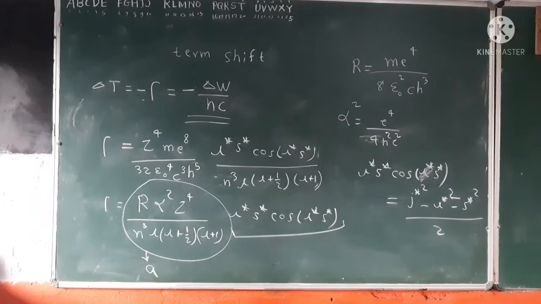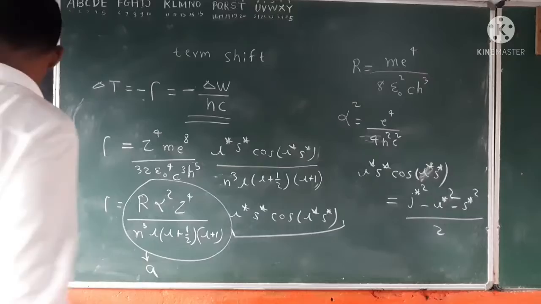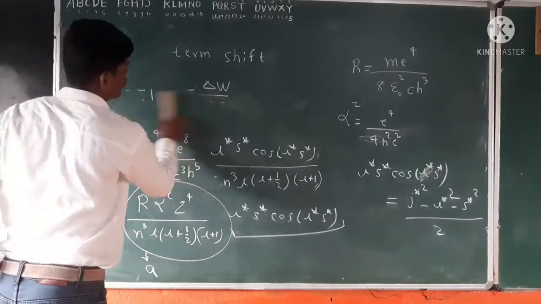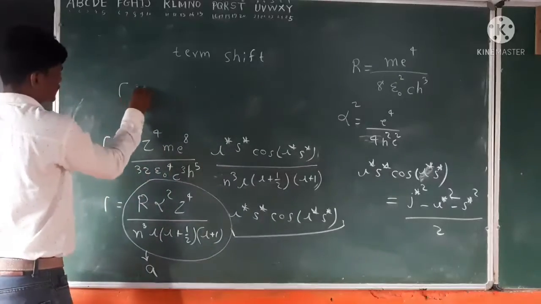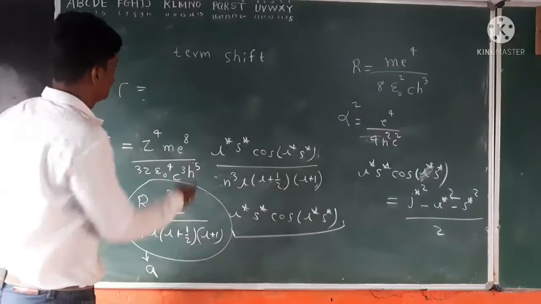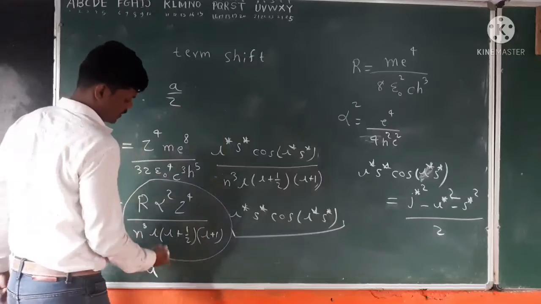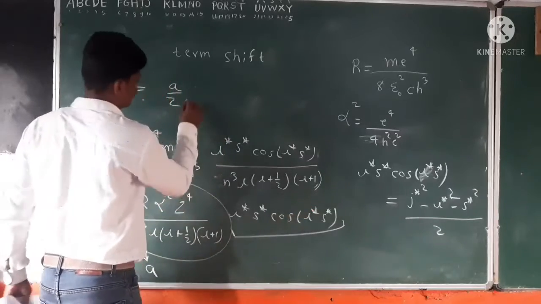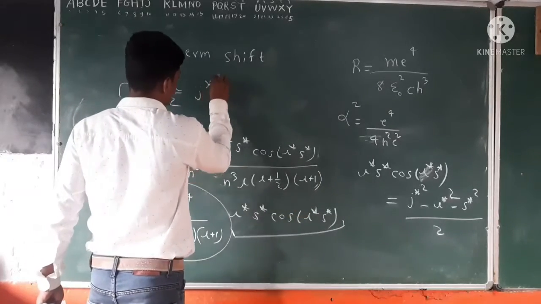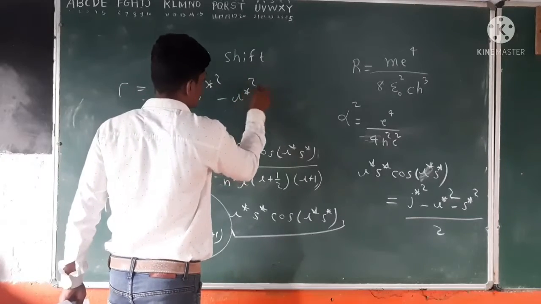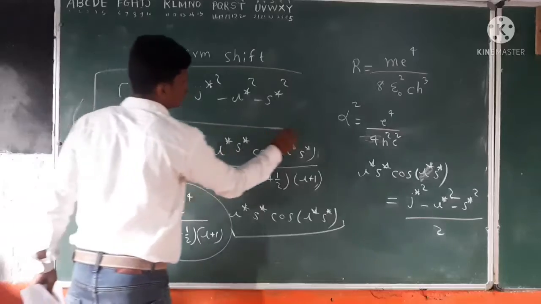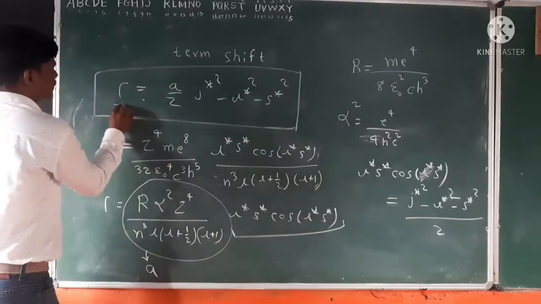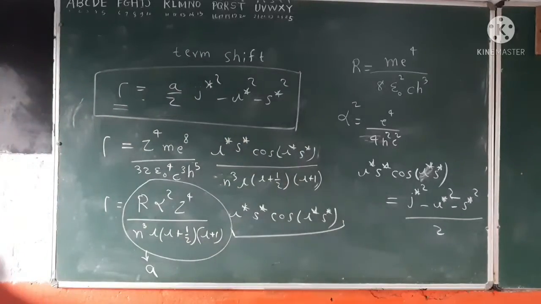Putting this value, we will get the term shift as A by 2 times (J star squared minus L star squared minus S star squared). Using this, we can calculate the term shift value for each fine structure doublet.